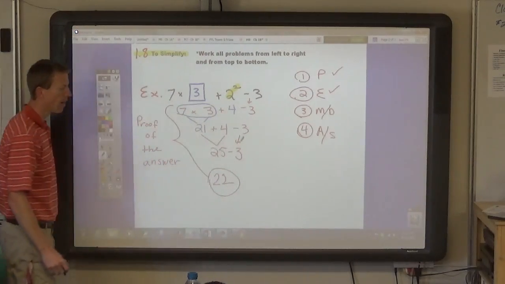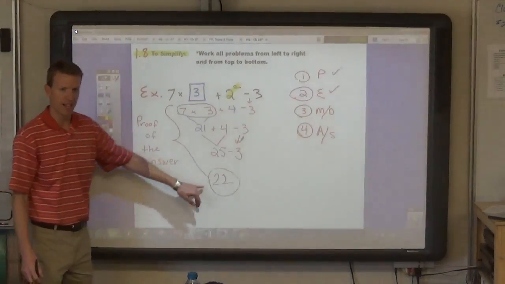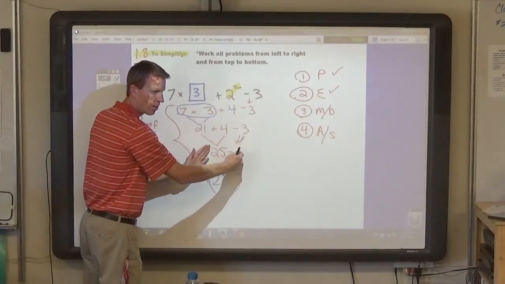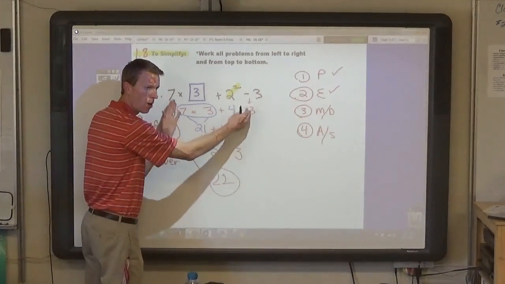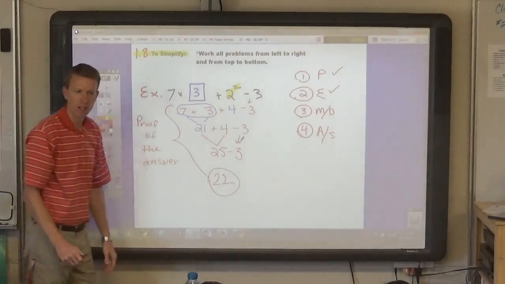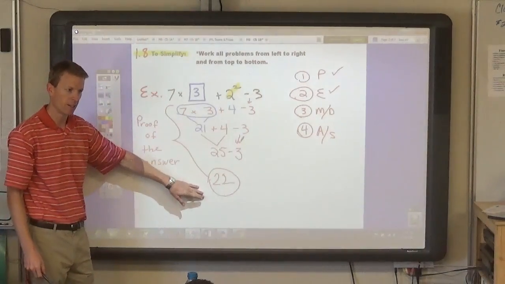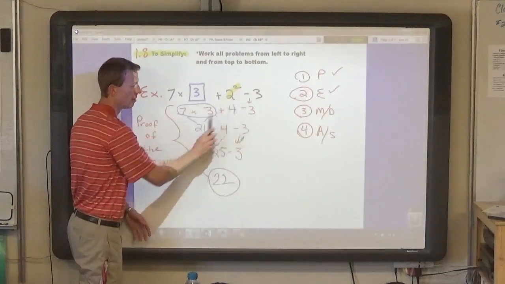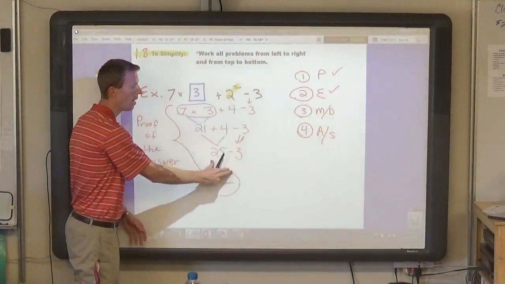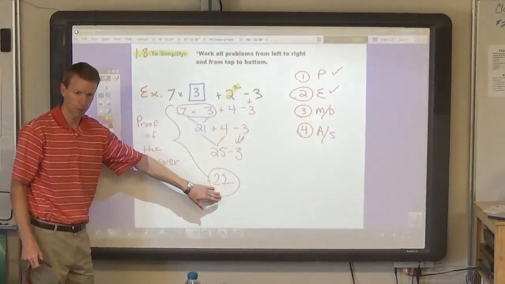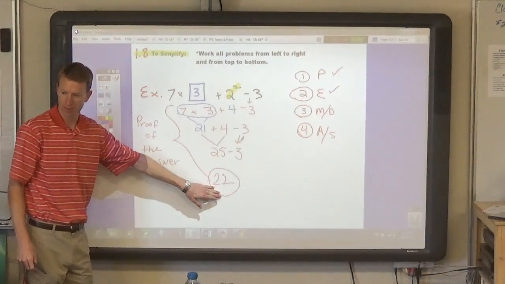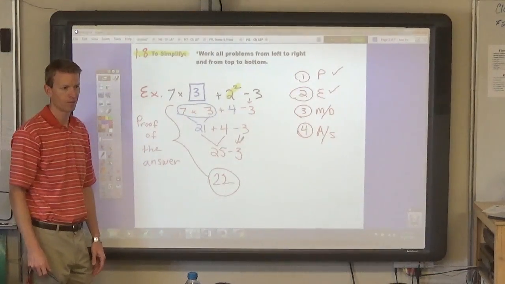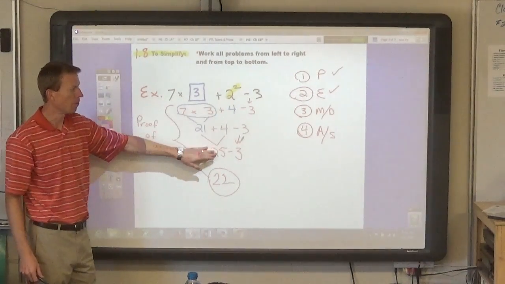And then bring down the minus 3, and the answer is at the bottom. Do you see how it looks like it's becoming more and more simple, or smaller and smaller as you go? Yeah. That's what it should look like at the end. Okay? And we did everything from left to right and top to bottom. So we have a very simple answer. 22. Okay? Any questions on this problem? No.